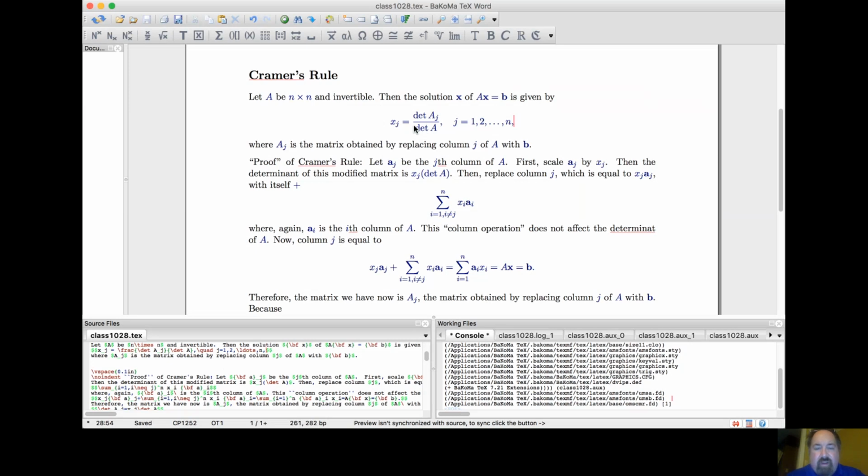Now, this is not really a practical way to compute solutions of systems of linear equations, because if you do the usual process of row operations on A to reduce to echelon form and then back substitution, for an n by n matrix, that would take on the order of n cubed operations in a general case, maybe less if a lot of entries of A are 0. But a determinant by itself takes order n cubed operations using a similar process because you're working with echelon form.